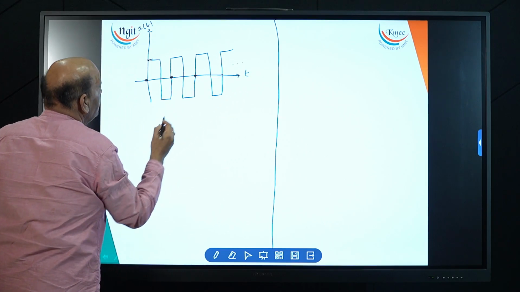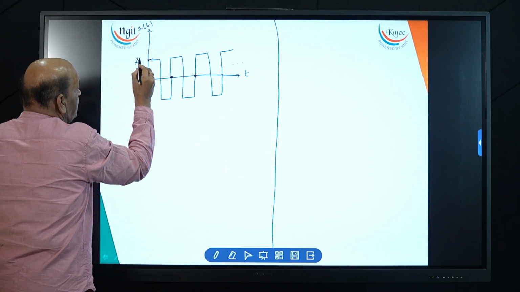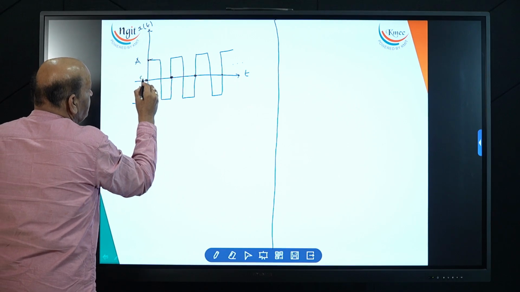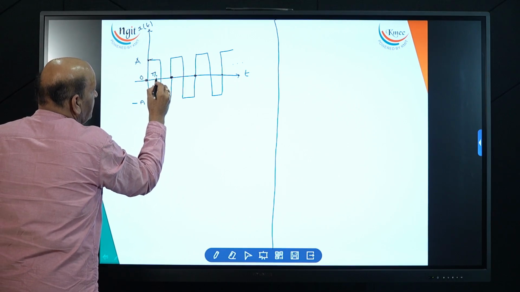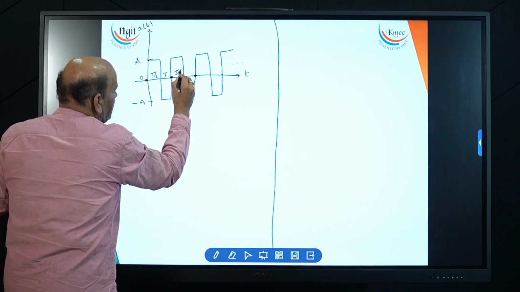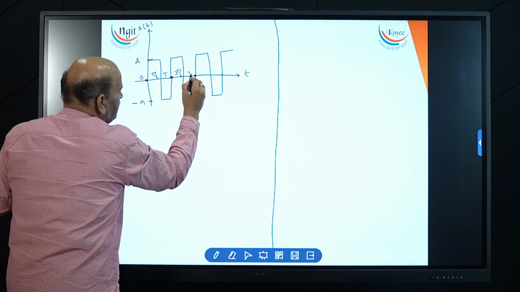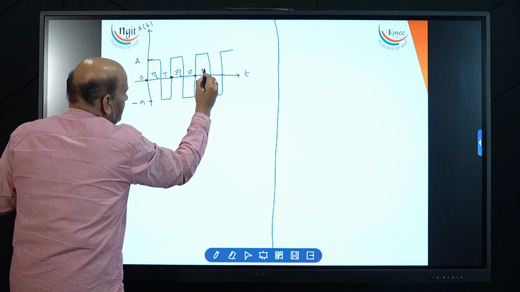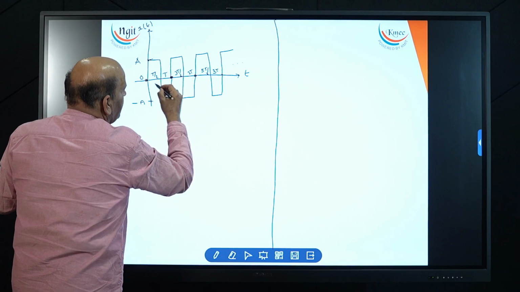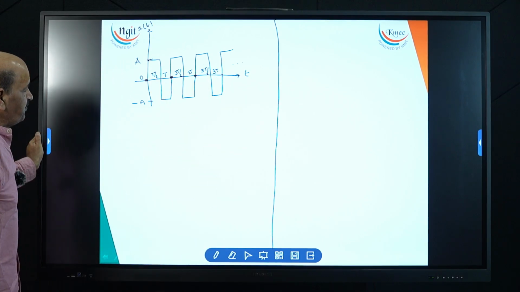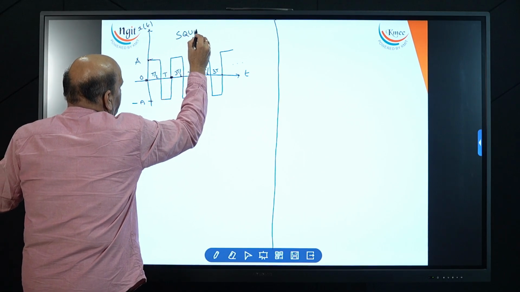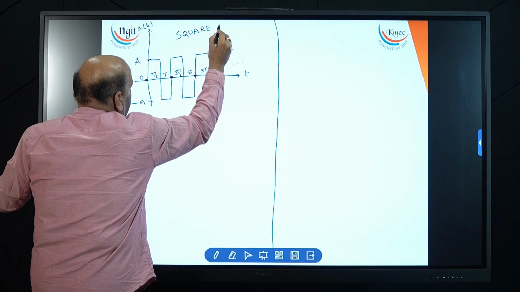Now here amplitude is a, here it is minus a, it is 0, t by 2, t, 3t by 2, this is 2t, this is 5t by 2, this is 3t, like this. This type of wave is called a square wave. It is a square wave.